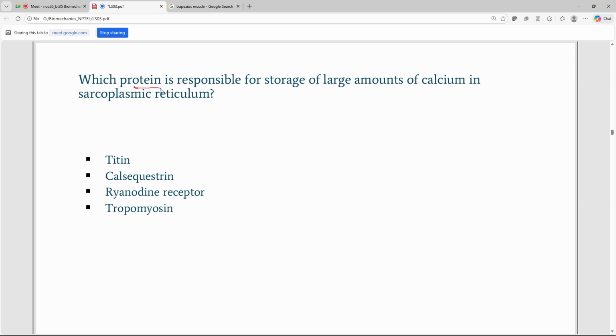We remember the sarcoplasmic reticulum releases calcium ions, but where it is stored, not everyone may remember. So this question is on that. The options are titin, calsequestrin, ryanodine receptor, tropomyosin.